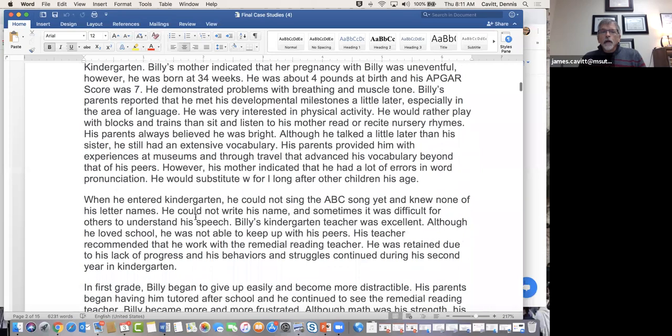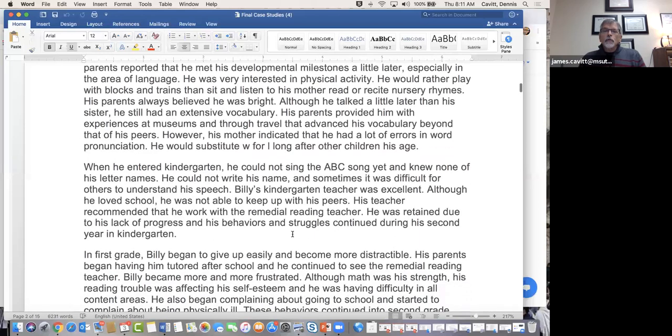And let's see, he's not able to write his name. He did not know his ABCs. He doesn't know the phonemes and the graphemes well at all. He's gone through the remedial reading teacher support. He was retained, but still not progressing with his current enrolled grade level kids.